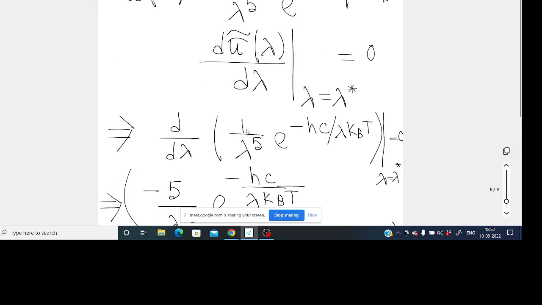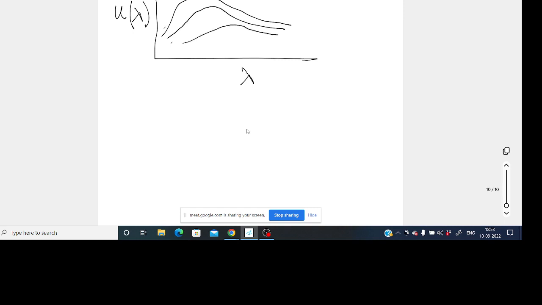If the distributions are like this, here it is maximum, lambda 1, lambda 2, lambda 3, and the corresponding temperatures are T1, T2, T3.